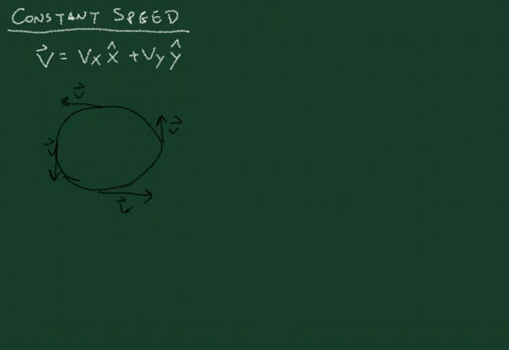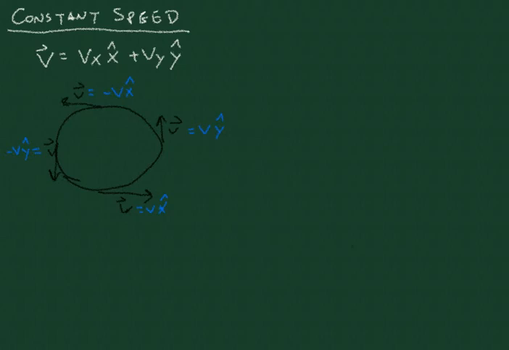So in one case, the velocity is v y hat. In another case, it's minus v x hat. In another case, it's minus v y hat. In another case, it's v x hat. So what's changing isn't the magnitude of the velocity; it's the direction, and that's true because velocity's a vector.